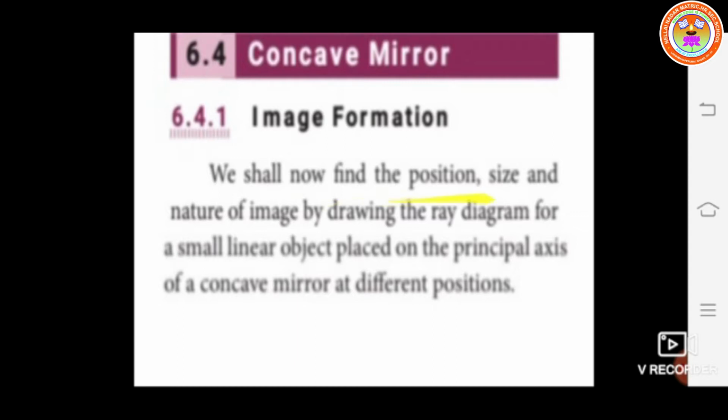To find the position, size and nature of the image, we use the ray diagram. By drawing the ray diagram, we are going to understand how images are formed by the concave mirror.